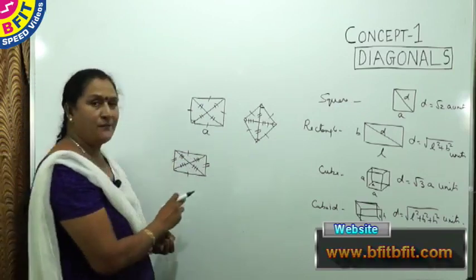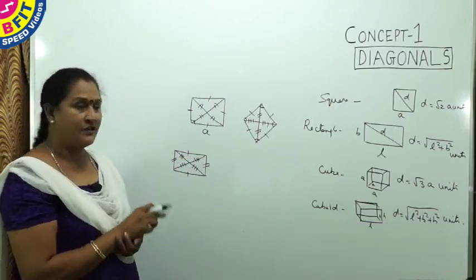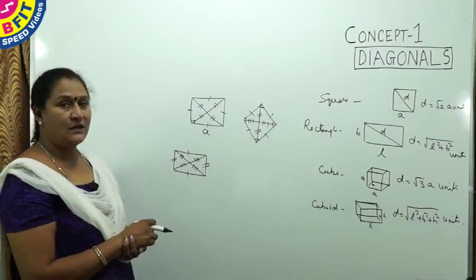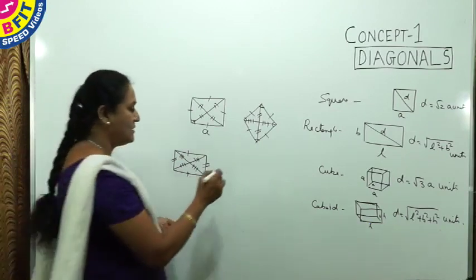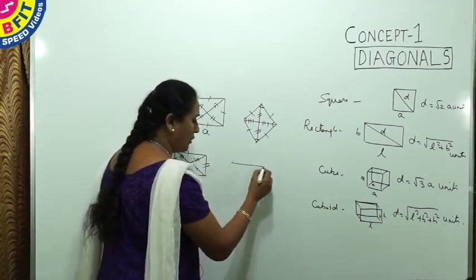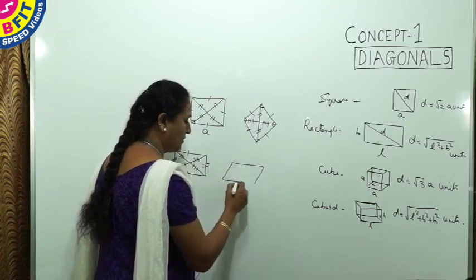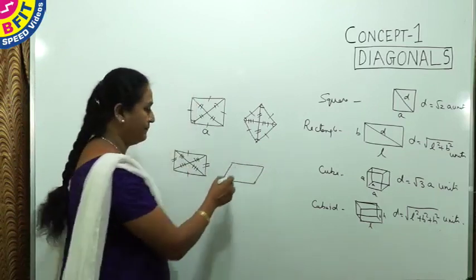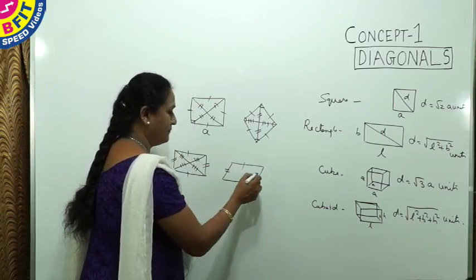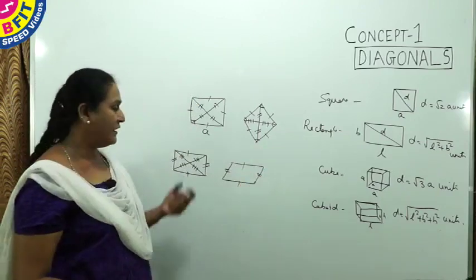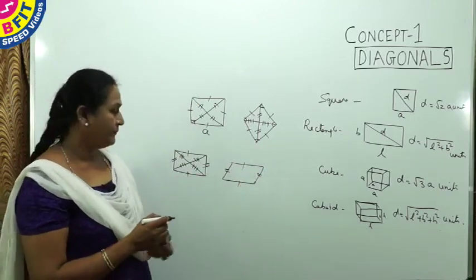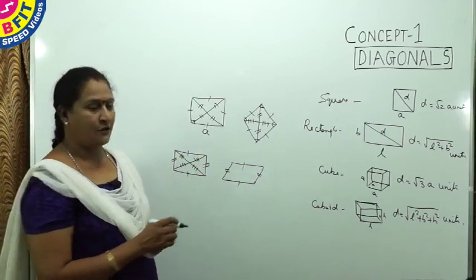And which is the shape which shares the features of a rectangle? It is a parallelogram. In a parallelogram also opposite sides are same. And what is the difference between a rectangle and a parallelogram? Diagonals are not equal.